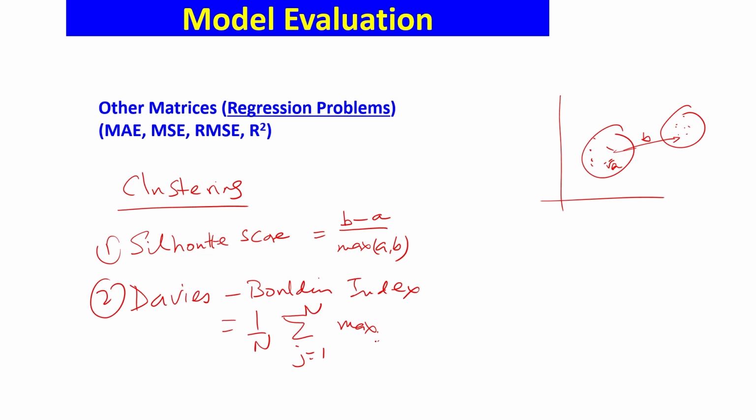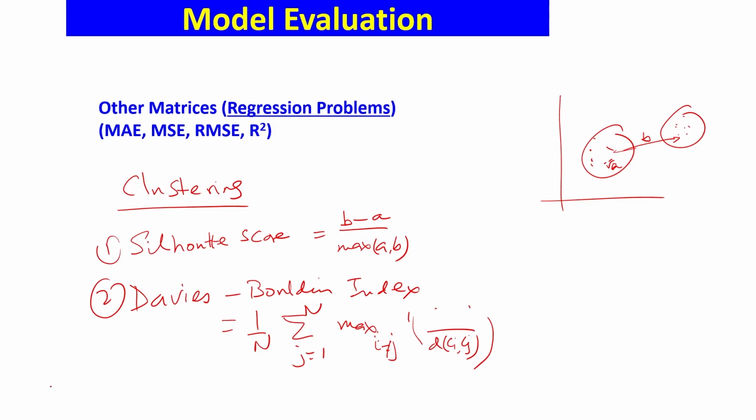This is a very complex formula, but sometimes it gives you better results. Let me explain what this is. Sorry, not a i, sigma i and sigma j. Let us write it properly, otherwise it will cause confusion.